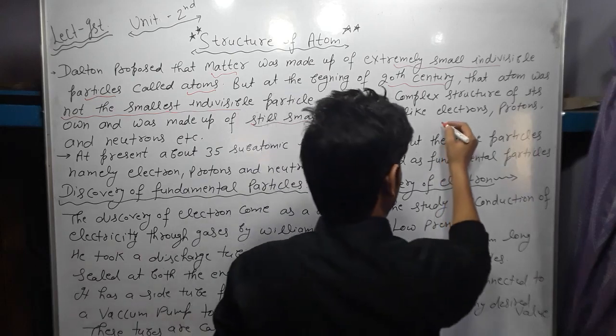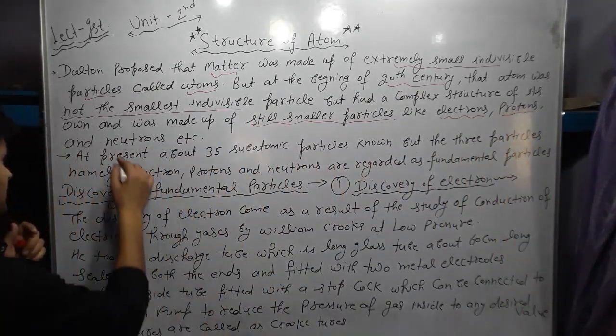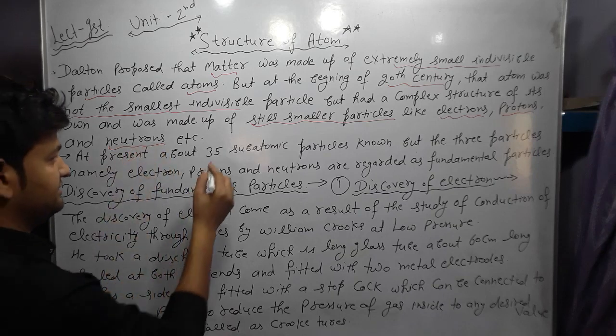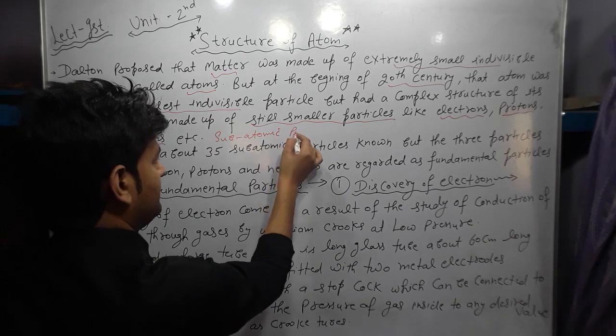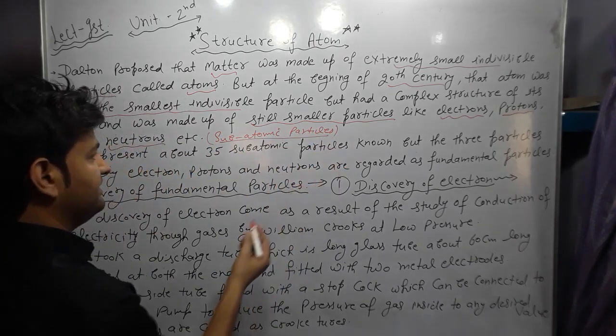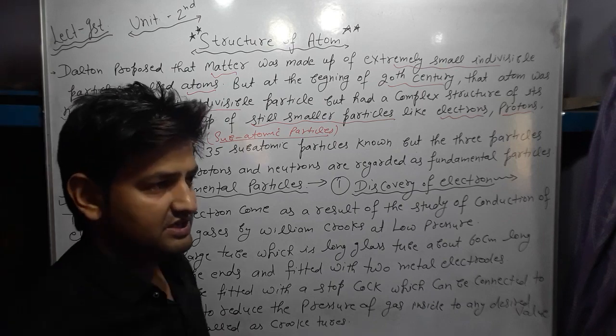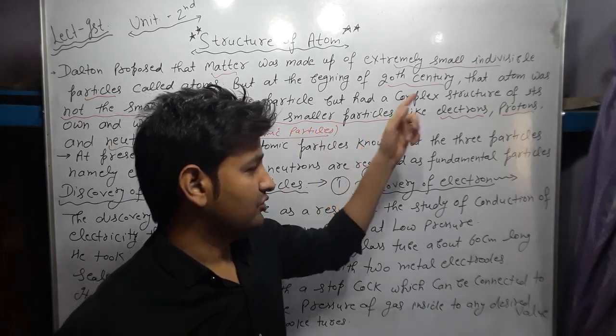These are electron, proton and neutrons. These are subatomic particles, which means the atom is divided. The atom is made up of subatomic particles called electron, proton and neutron.